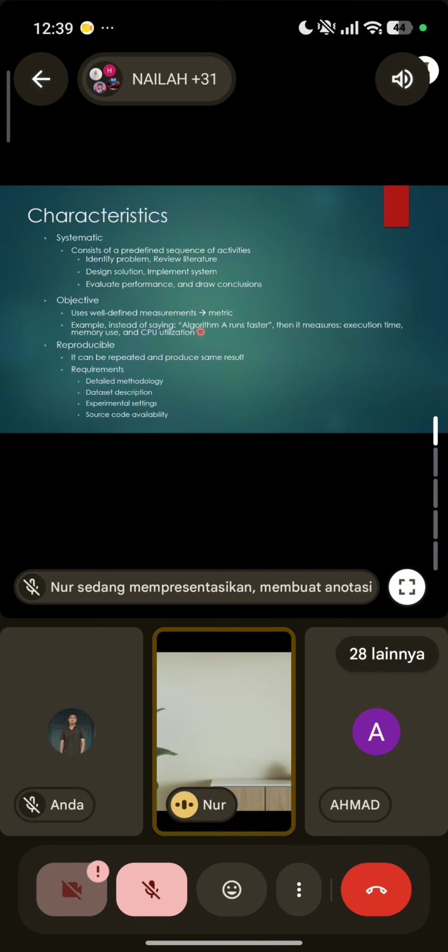The second one is about the data side, because in computer science, the research must be based on the data, and then we must give a clear, well-defined description about the data. We name that one as a data set description.